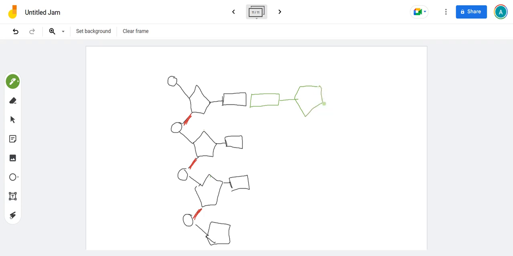And the phosphate is therefore going to be just here. Right? So it joins with a base attached to the sugar, but on this side, we've got the point of the sugar going up and the phosphate down here because they're upside down. Like so. Oops, I didn't have a base attached.